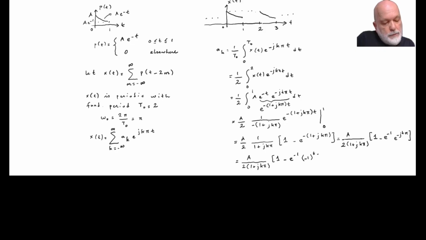So this is the expression for ak, where k is running from minus infinity to plus infinity. So these are the Fourier coefficients.